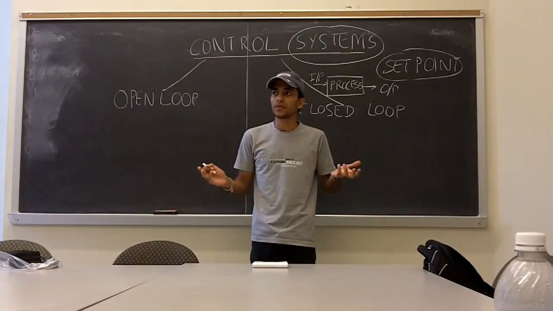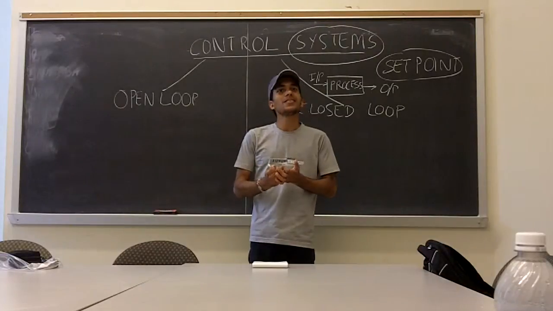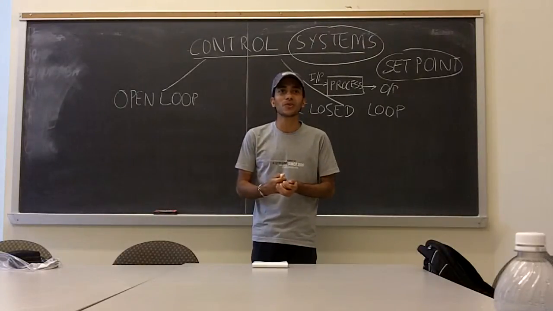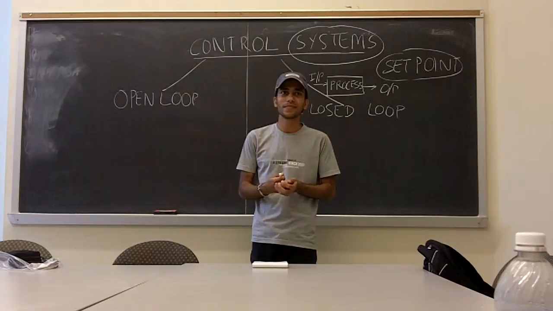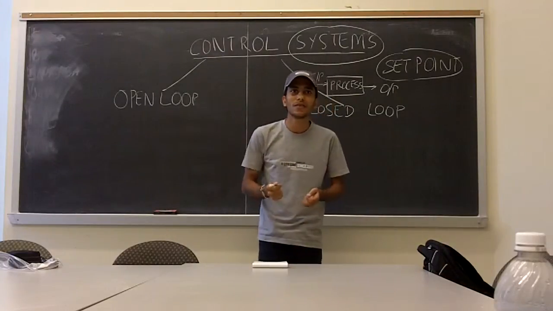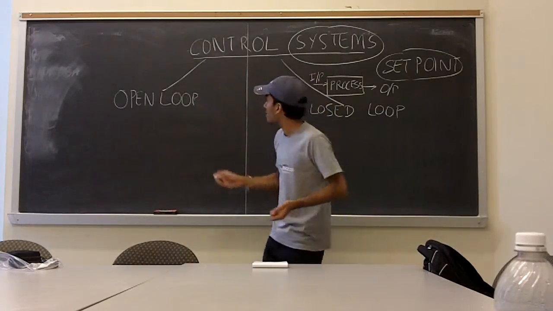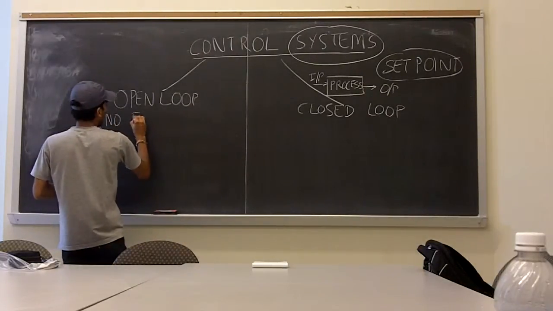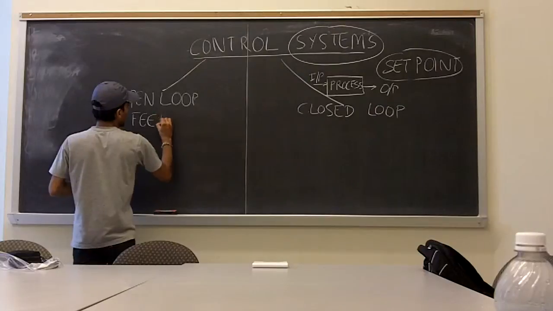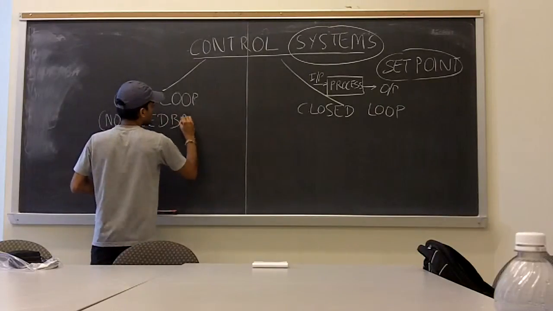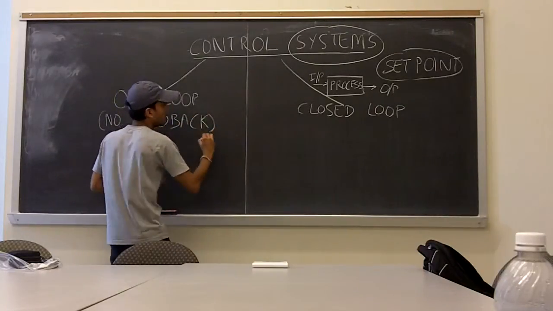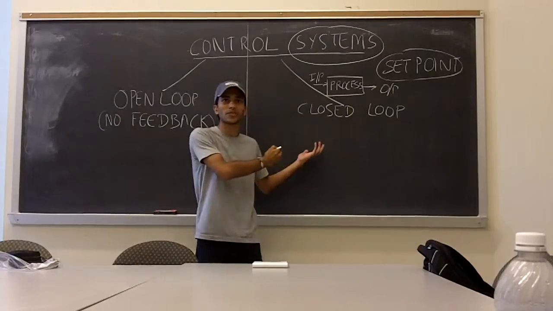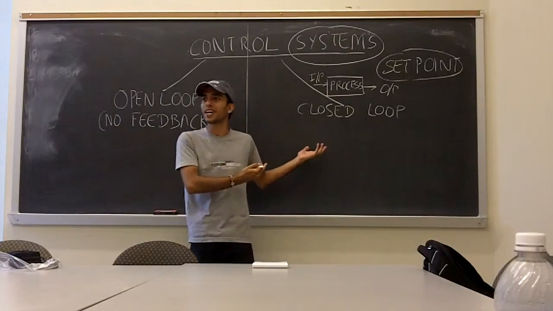Open loop system. Anybody? Any idea what is an open loop control system? Yes, Luke. You have no feedback in the system. Exactly. You have no feedback. So obviously a closed loop system is with feedback.